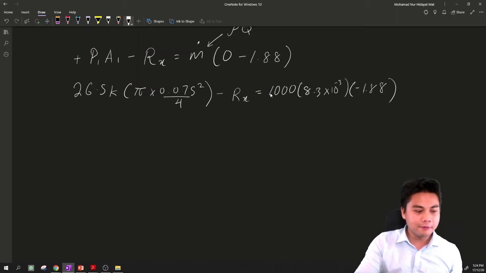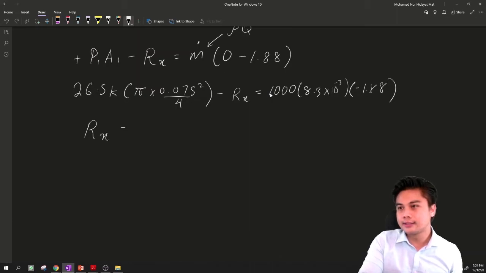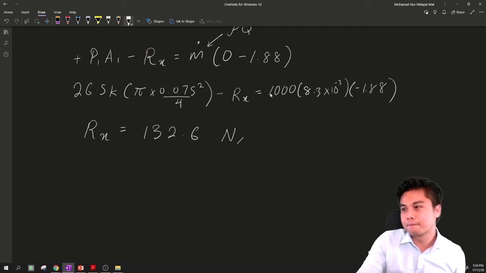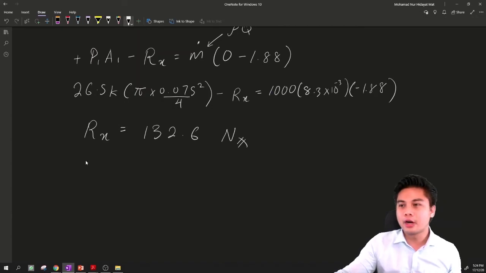So you simplify the equation above, and you will get Rx finally becoming 132.6 Newton. How about the Ry?